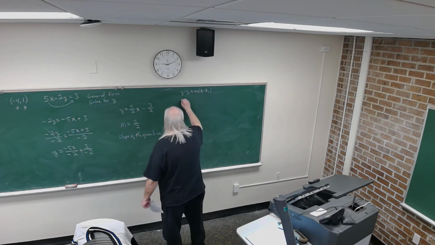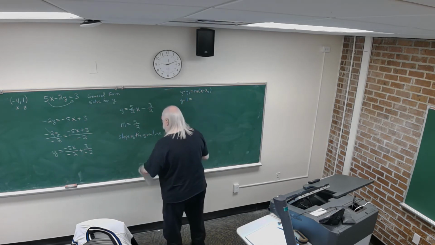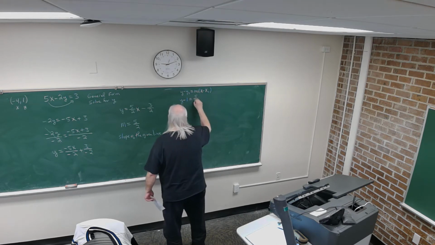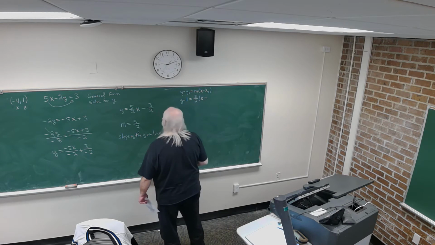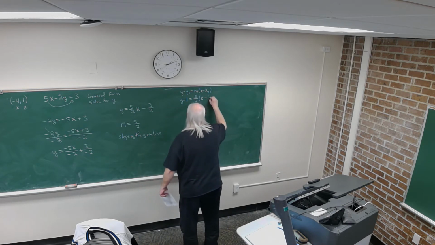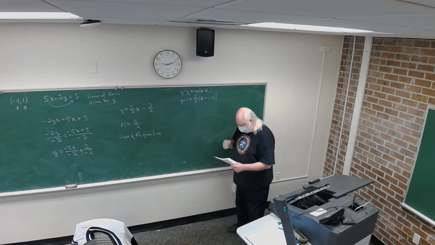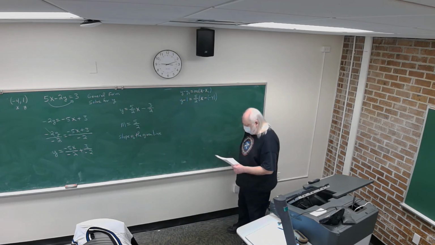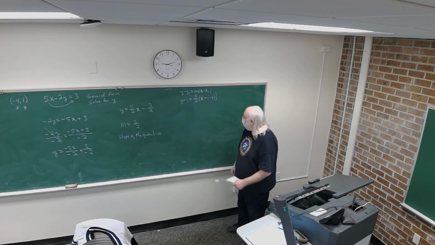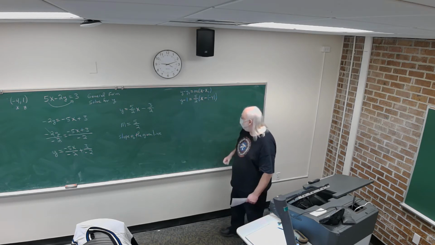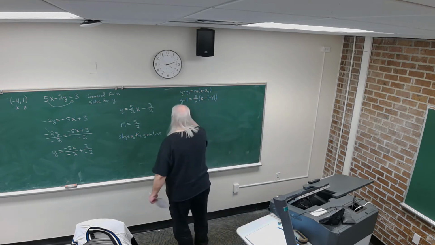And so we have y minus 1 is equal to the slope 5 halves times x minus the negative 4. Well, minus a negative 4 is the same as plus 4.